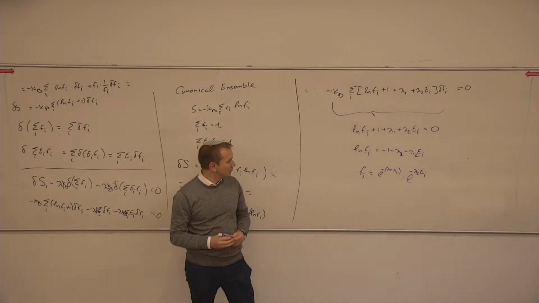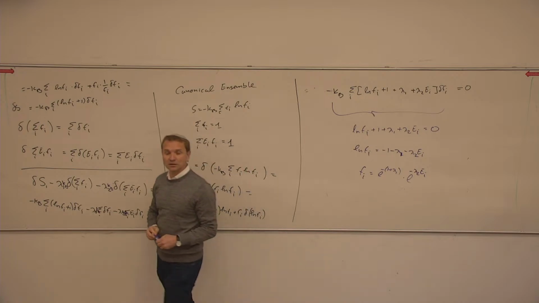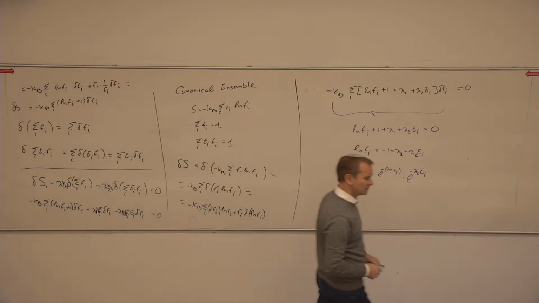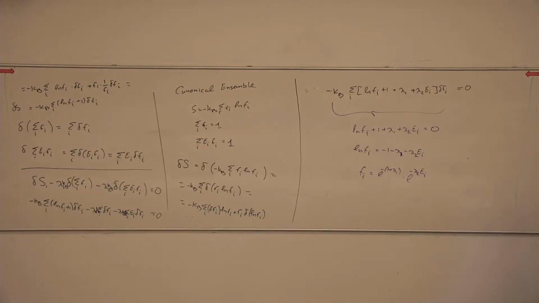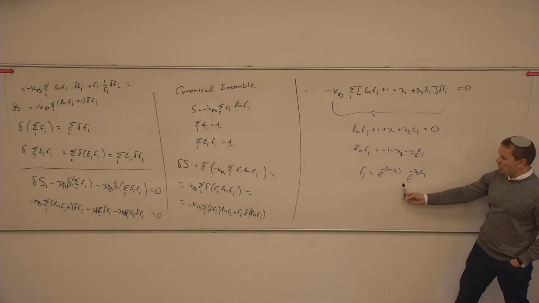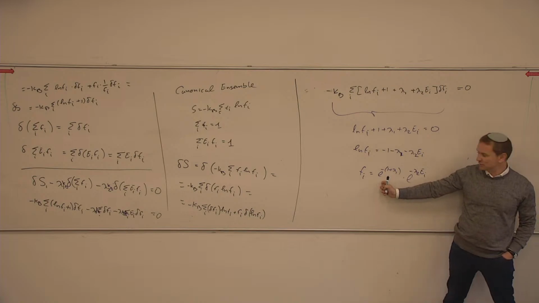The e to the minus 1 minus lambda 1 is simply a constant. It's a constant. We'll find out what this constant is. Okay. But it's simply a constant. So you see that I obtained the form of the probability is a constant, because lambda 1 is some specific constant.